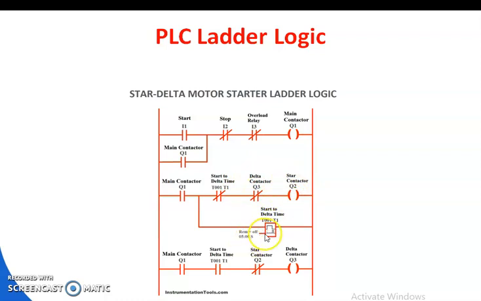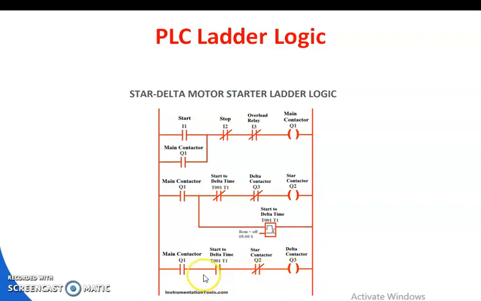This one is the controller with a timing setting multiplier system, the star to delta time T001 to T1. This is the main contactor, star contactor Q2, delta contactor Q3.